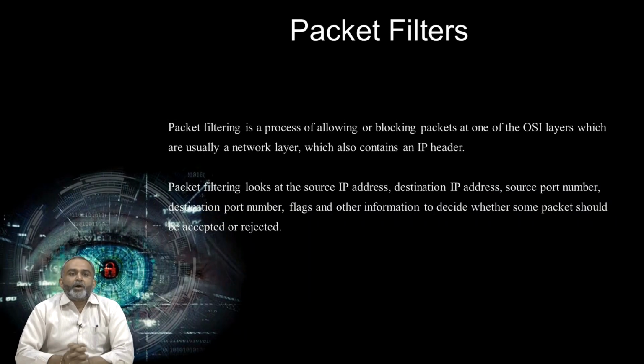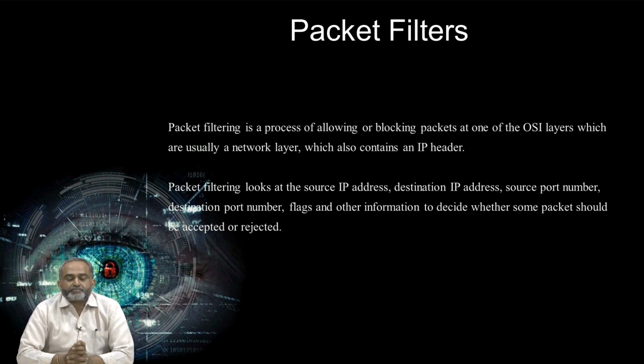So, what are packet filters? Packet filtering is the mechanism to allow or to block packets at one of the OSI layers, which is usually the network layer, which also contains the IP header.